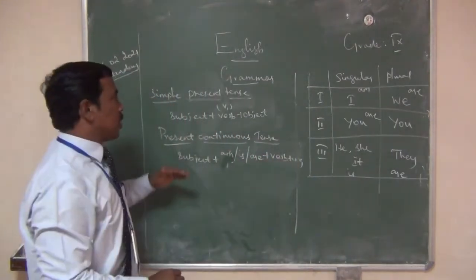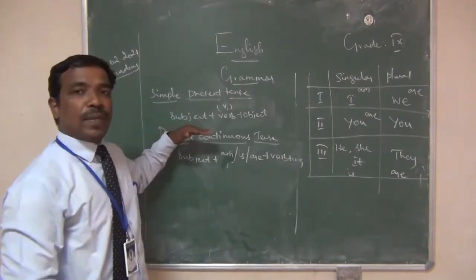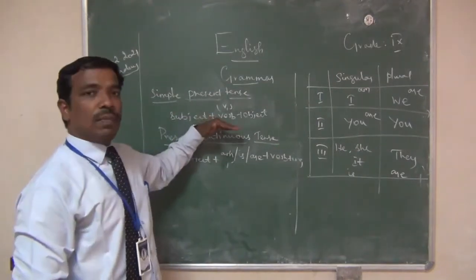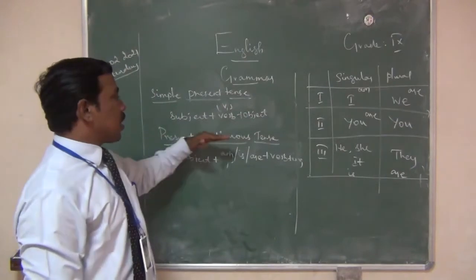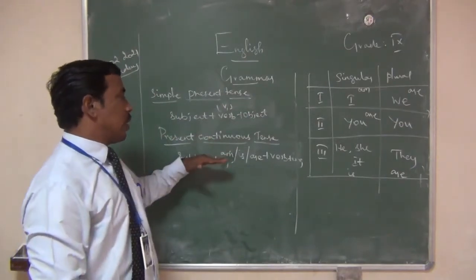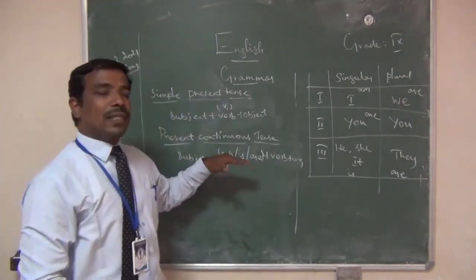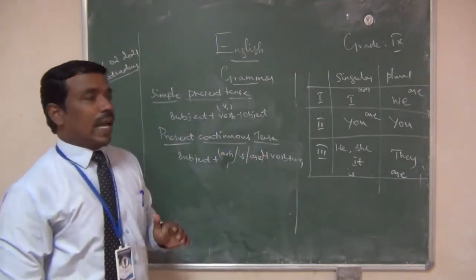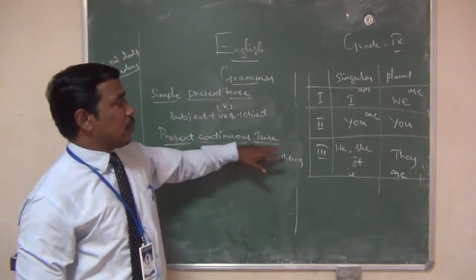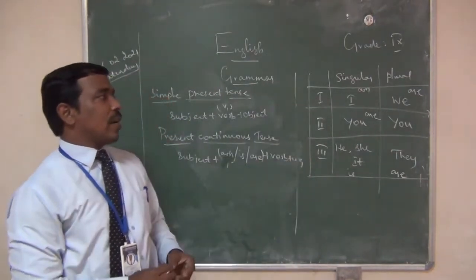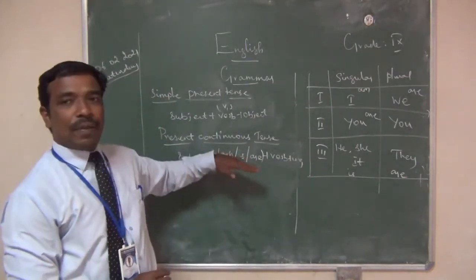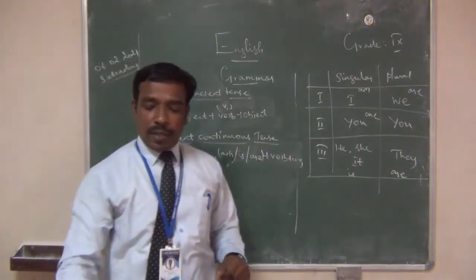First one is simple present tense: subject, verb, object. Present continuous tense: subject, helping verb. For continuous tense, a helping verb will come: am, is, are plus verb plus ing plus object. I means am will come, we means are will come. Any helping verb according to the structure we should use.